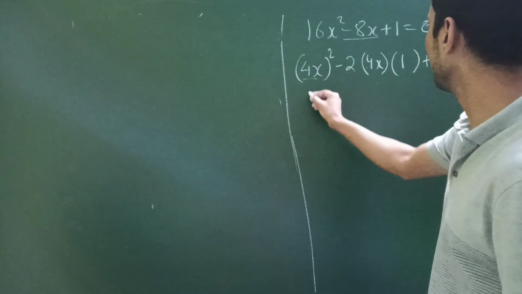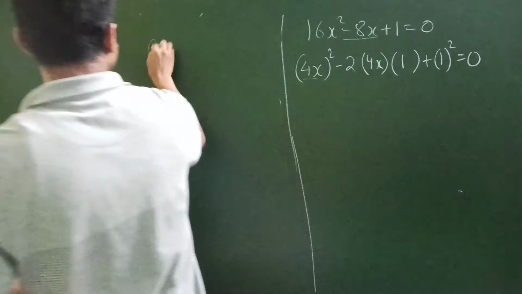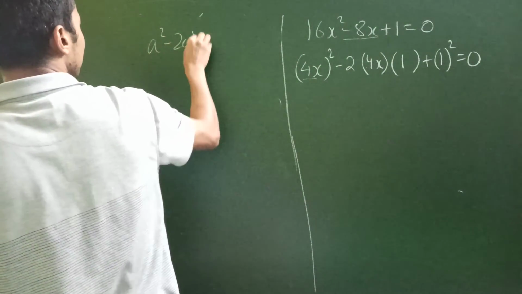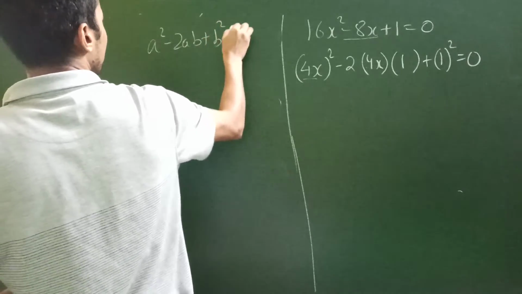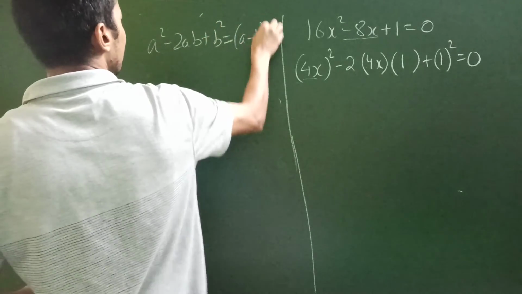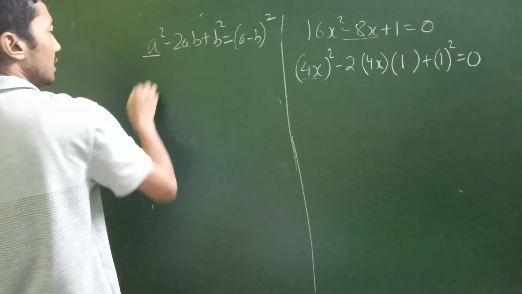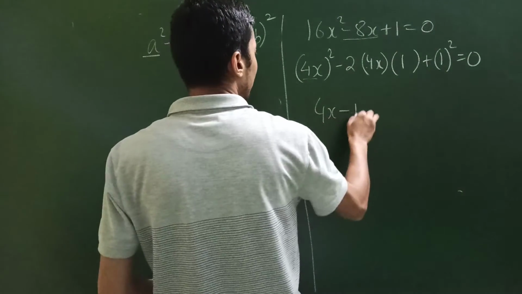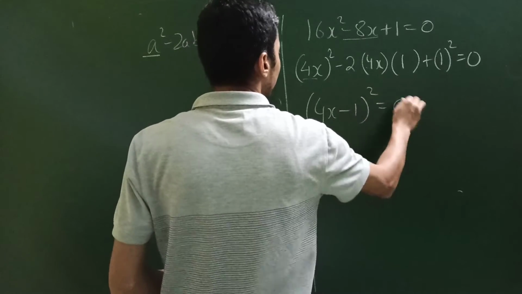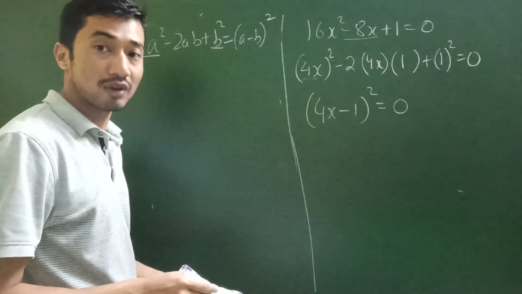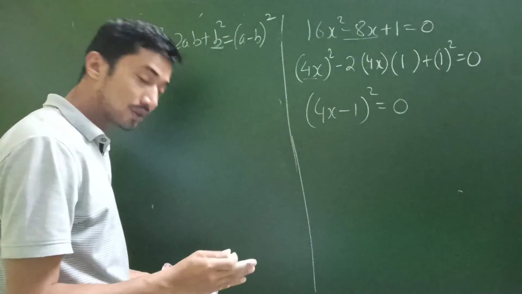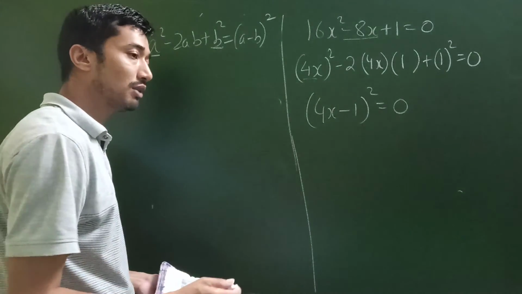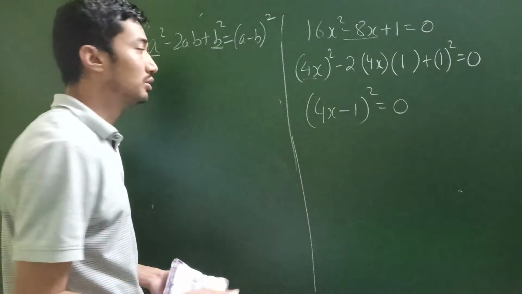So if you remember the formula, a square minus twice into ab plus b square, what is the formula there? A minus b whole square. So what is the value of a here? 4x. What is the value of b? 1. So this can be written as a minus b whole square equal to 0. And please do remember, these are quadratic equations. You're told to find out the roots of the quadratic equations. Every quadratic equation will always have two roots.